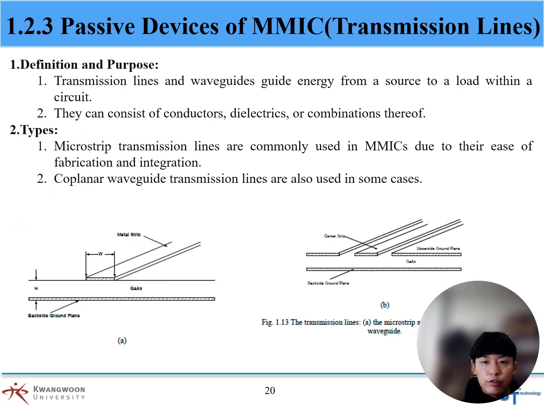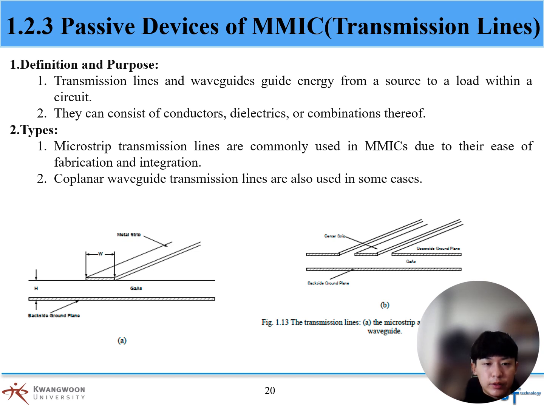This part is the transmission lines. First, let's see the definition and the purpose. Transmission lines and waveguides guide energy from a source to a load within a circuit. They can consist of conductors, dielectrics, or combined structures.